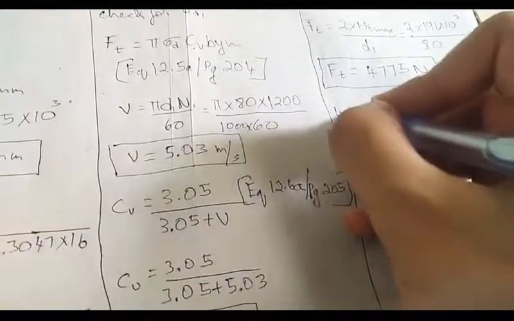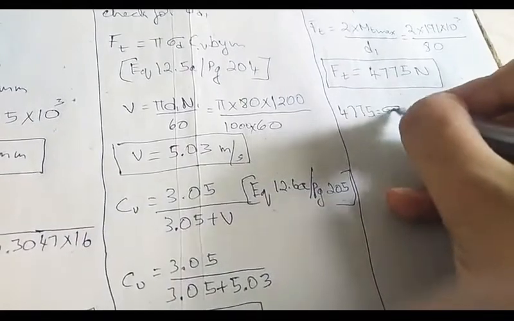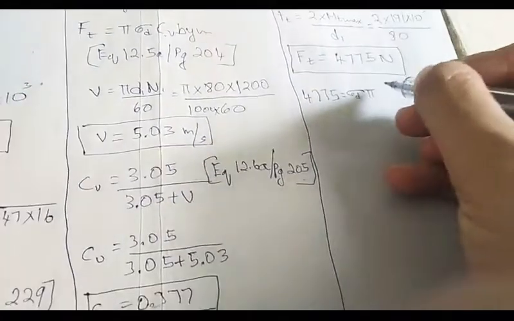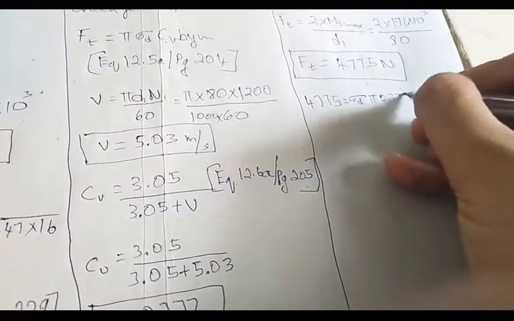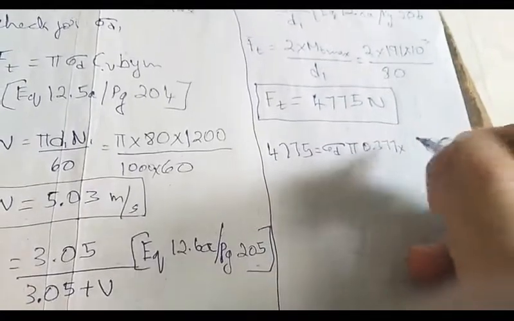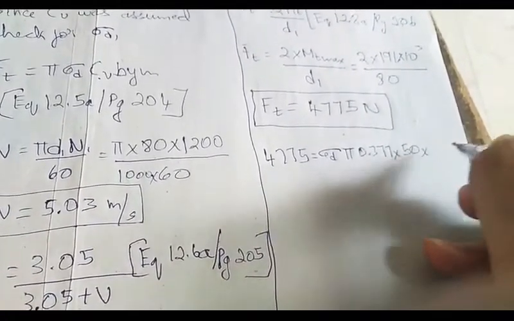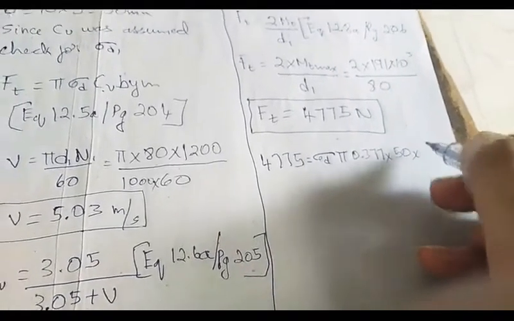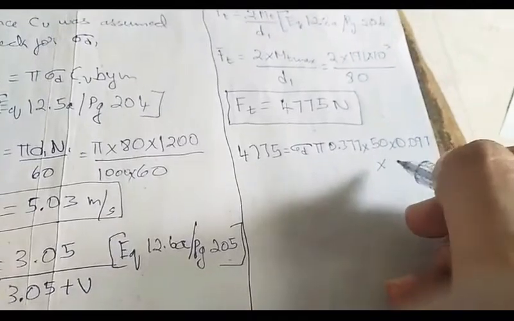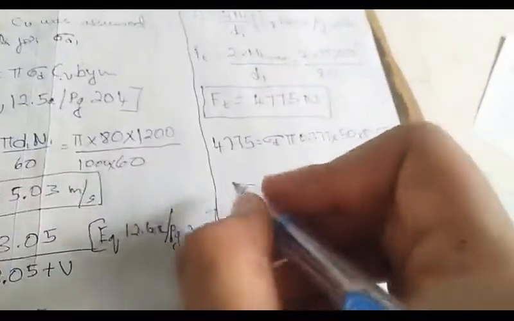So we'll check. B is 50, Y is Y1, 0.097, into module 5.